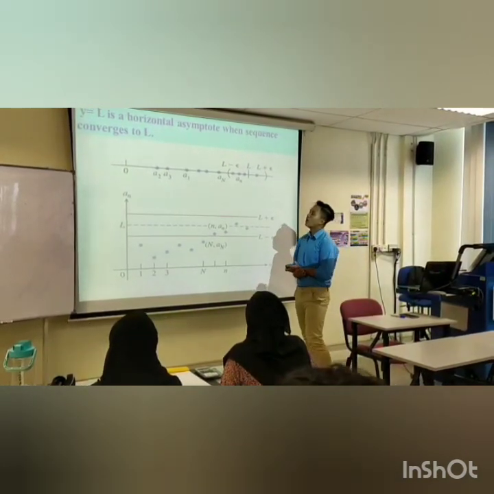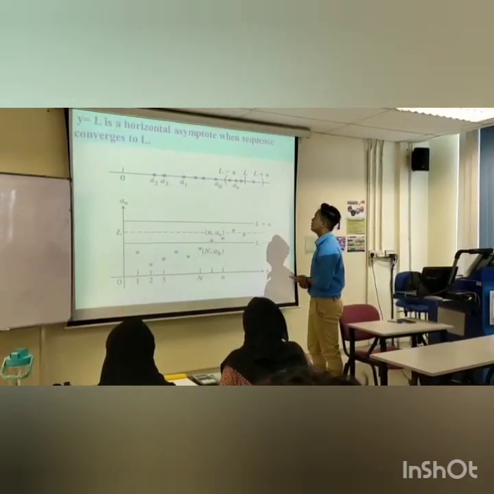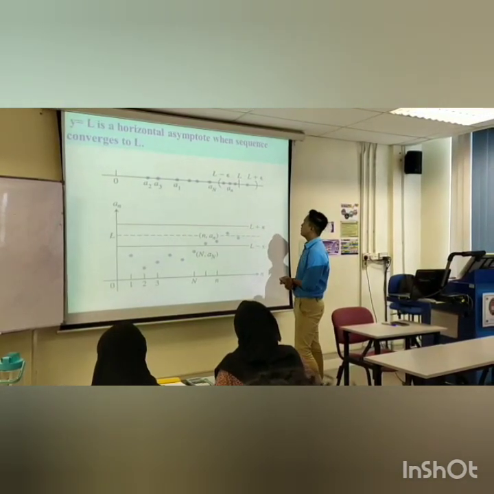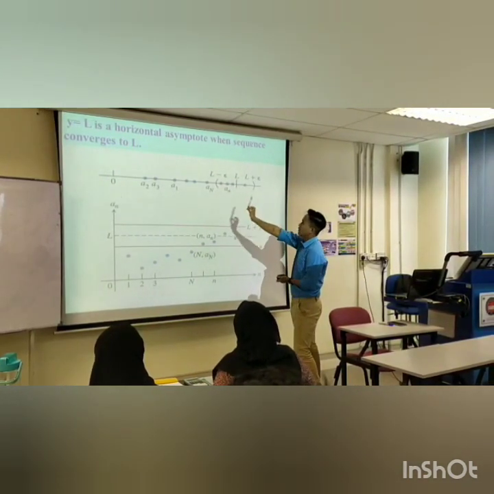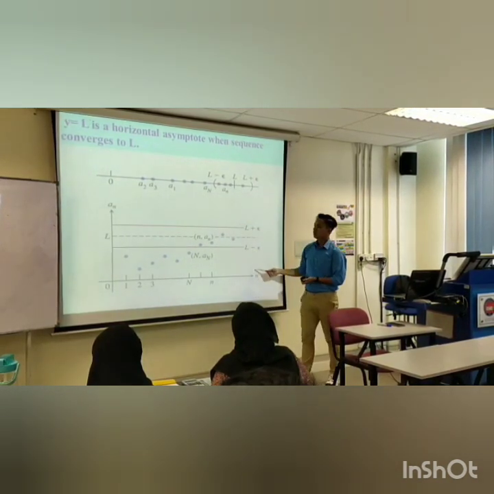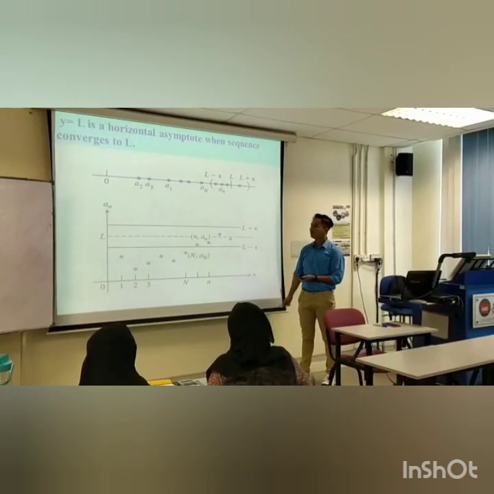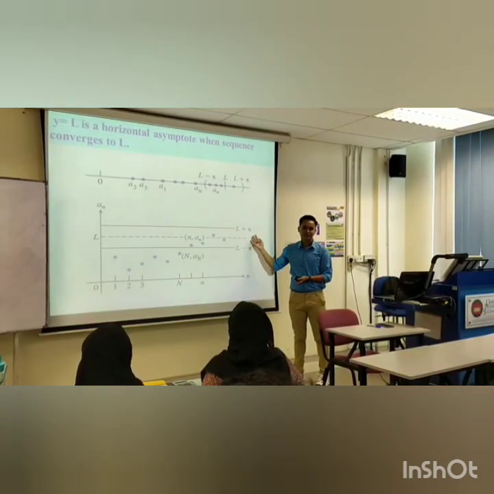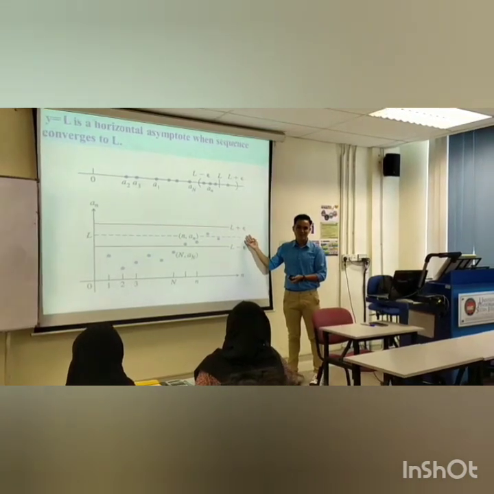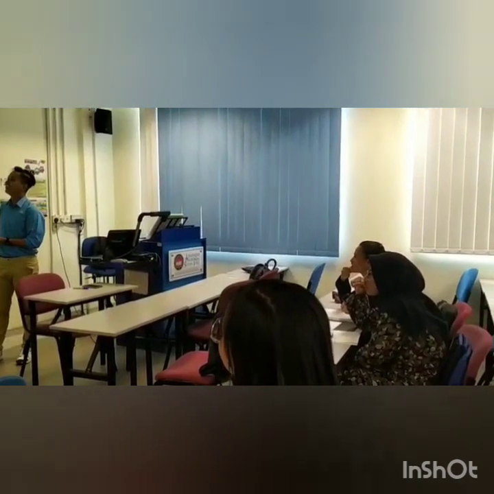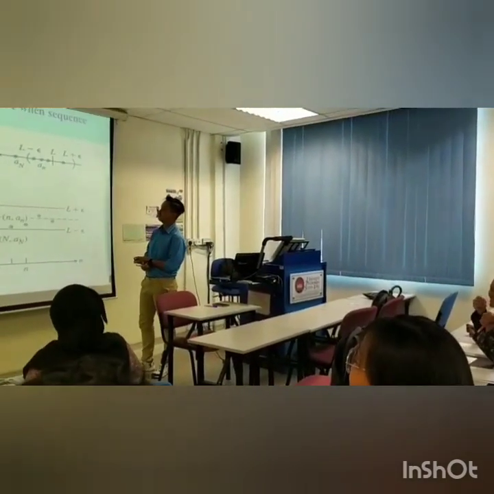So y equals L is a horizontal asymptote when the sequence converges to L. So, horizontal asymptote, this is an asymptote. Try to digest this diagram. Any question regarding this diagram? Any question? No. Okay, it seems like you've done your homework regarding this chapter.